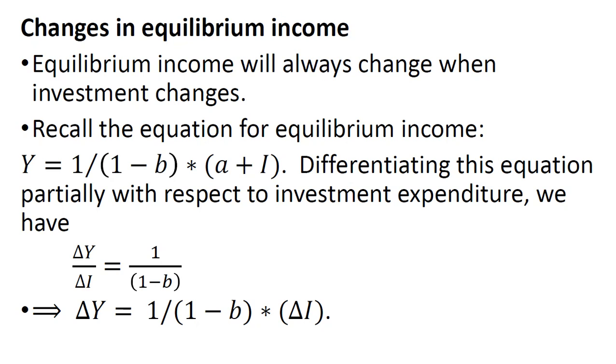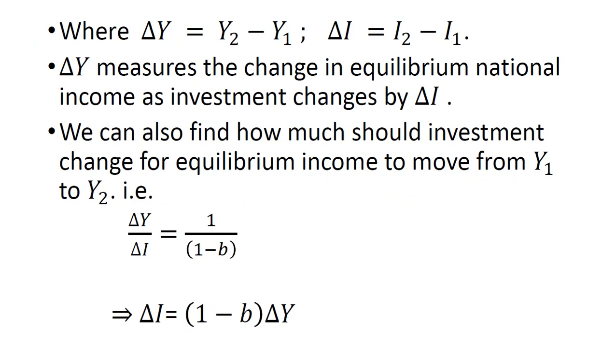So it continues that way in the economy. At the end of the day, if you want to find the total effect on the economy, then you multiply the initial investment change by the multiplier, so that you can see how the equilibrium national income changes from one level to another. So this is what we have here.